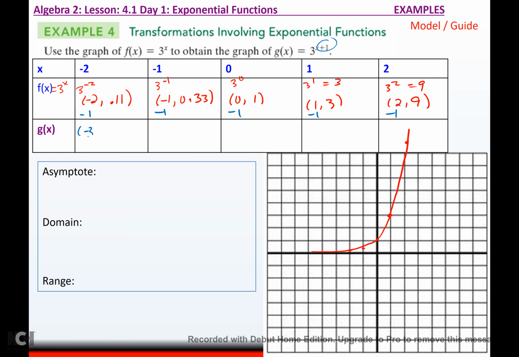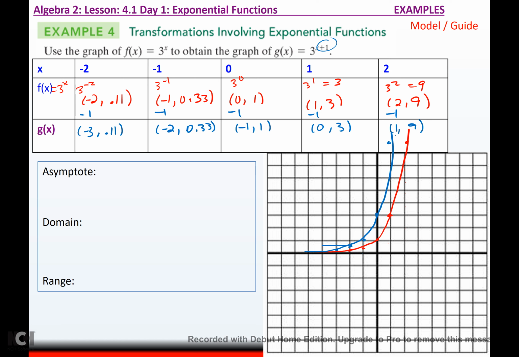That's going to give me negative 3, 0.11. This is going to give me negative 2, 0.3 repeating. If I plot those points, negative 3, 0.11, negative 2, 0.3, and so on, notice how it just shifted left 1.